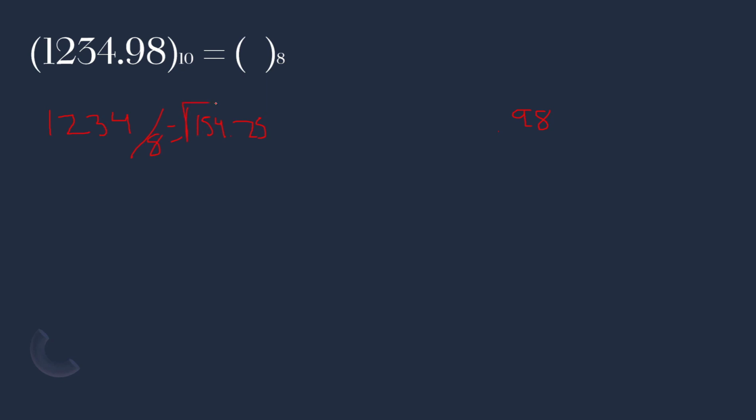All we care about is the integer part. Let's find that remainder. This is pretty much just plug and chug all the time. So let's figure out what that remainder is. 1,234 minus 8 times 154. The remainder is 2.